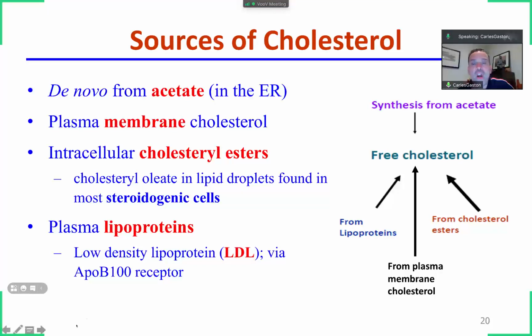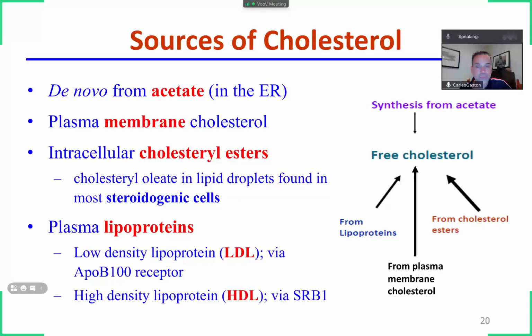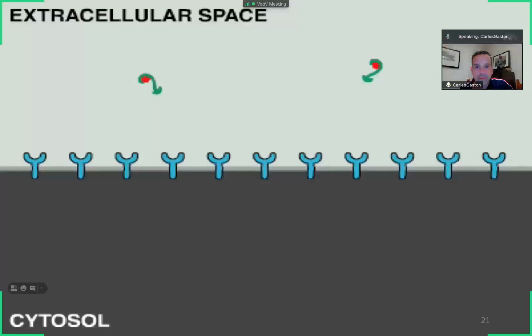So there are a lot of ways to obtain cholesterol for the synthesis of the steroid hormones. There is also high density lipoprotein, so the LDL and the HDL. So there are several sources of cholesterol in our organism.